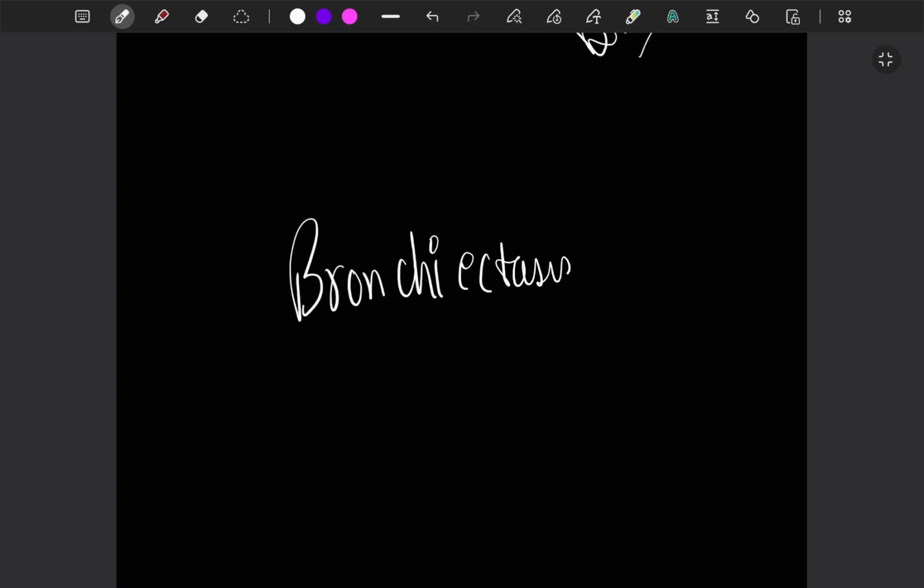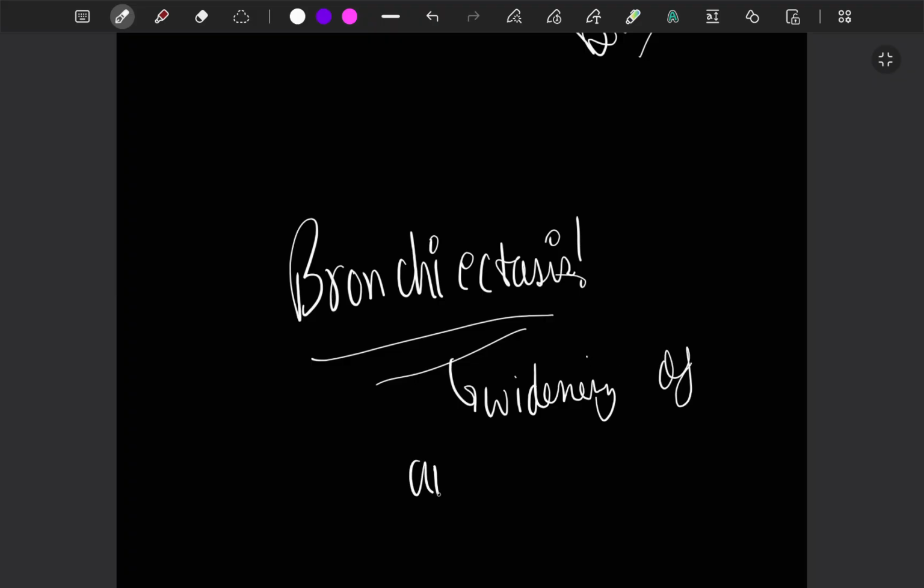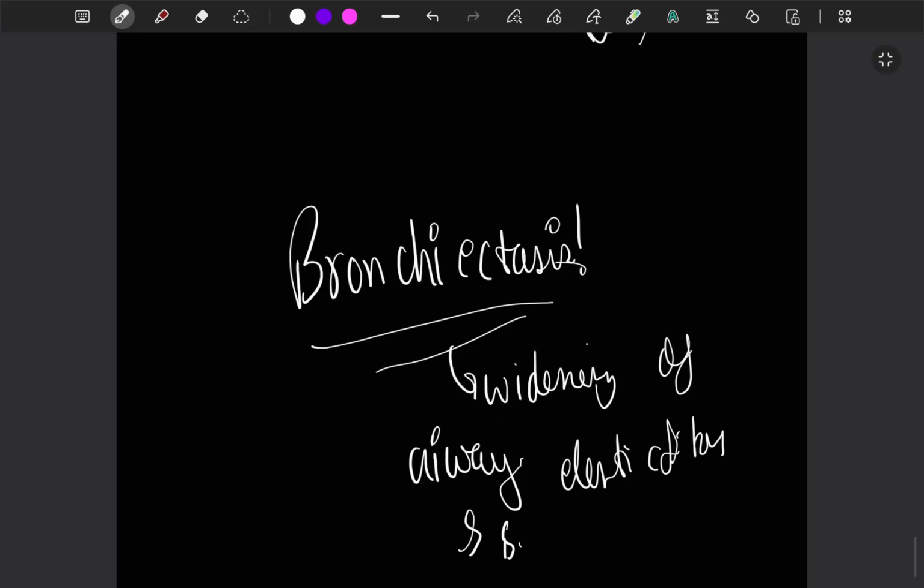Now there is something called bronchiectasis. This is due to widening of the airway due to progressive loss of elastic fibers and smooth muscle.